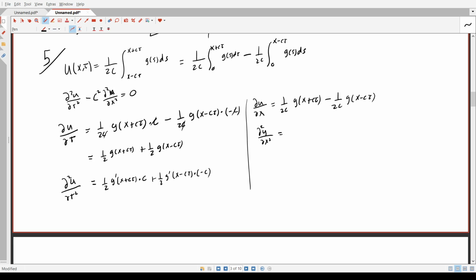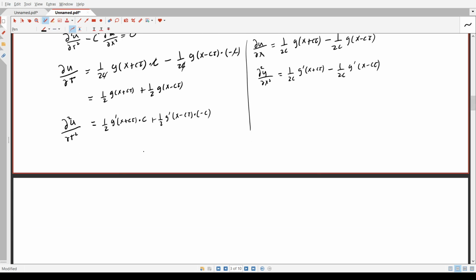d squared u dx squared, that's going to be 1 over 2c g prime of x plus ct minus 1 over 2c g prime of x minus ct. So now I can start adding everything up. So I have this d squared u dt squared.